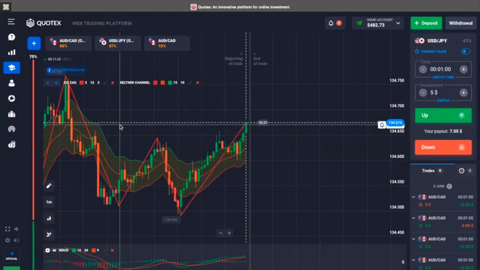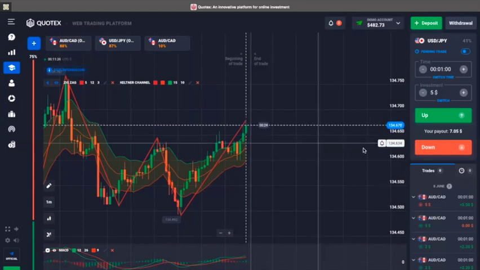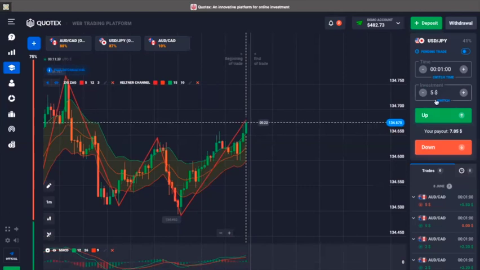So to be someone who has risk management, you only want to trade with either $1 or $2, because $1 or $2 is easier to gain back rather than $5. With the $5, you're also gaining a payout of an additional $2.05. So you're going to get back your $5 that you invested plus the $2.05, which will be $7.05.